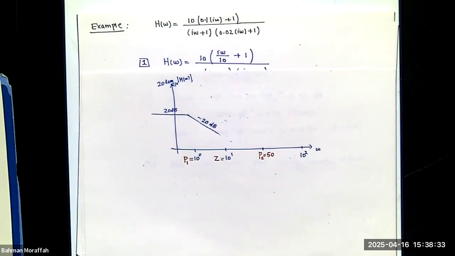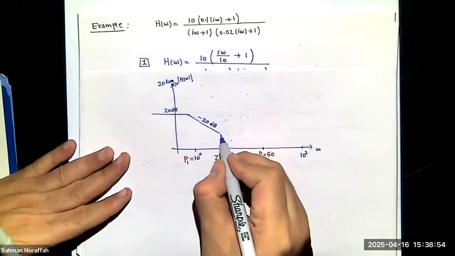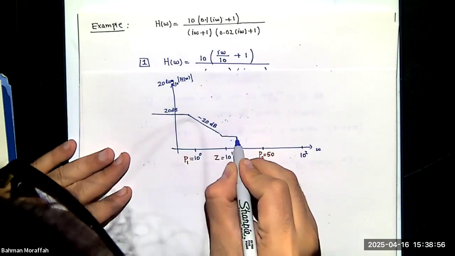As soon as I hit this 0, I know I have to go 20 up. But I'm already going 20 down. So 20 down, 20 up, if I add them, what do I get? 0. So over here, as soon as I hit this, I'm going to have 0.